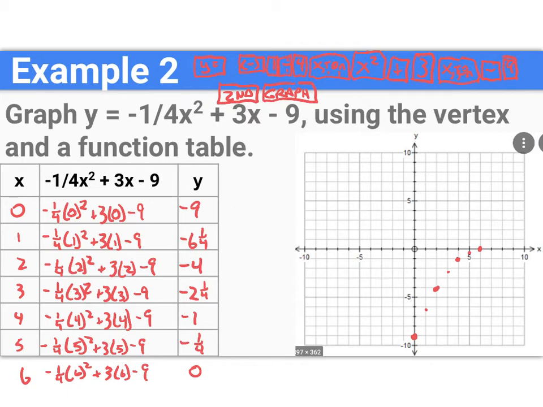So our turning point, our vertex, is actually at 6, 0. And how do we know that? On a calculator, I have the luck of seeing that 7 is -1/4. So as you can see, the numbers start to repeat. So this is our turning point.